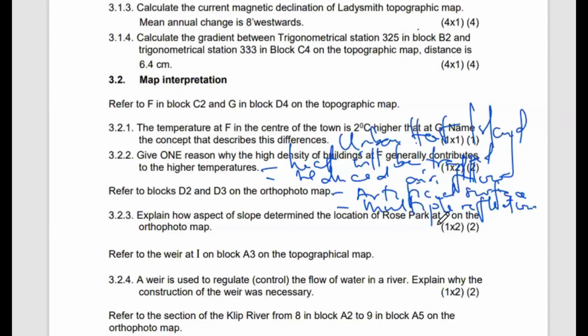Automatically, north-facing slopes in the southern hemisphere are warmer and get more insolation. And a south-facing slope automatically has less insolation and is cooler. So for a park, most obviously, it must be facing to the north to allow for warmer temperatures or to allow for insolation.